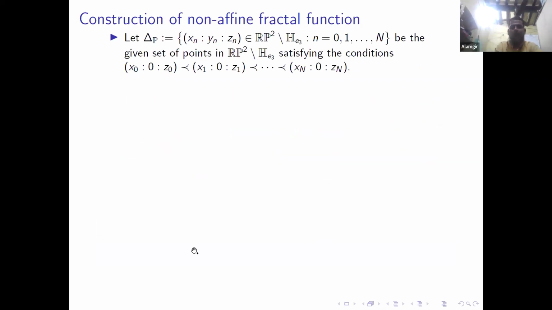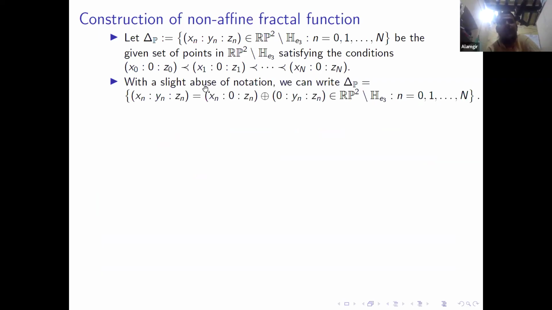Now we have seen the construction of a non-affine fractal function. Here we consider the data points (xn, yn, zn) that satisfy the partition conditions. With slight abuse of notation, we have already seen that (xn, yn, zn) can be written like this.